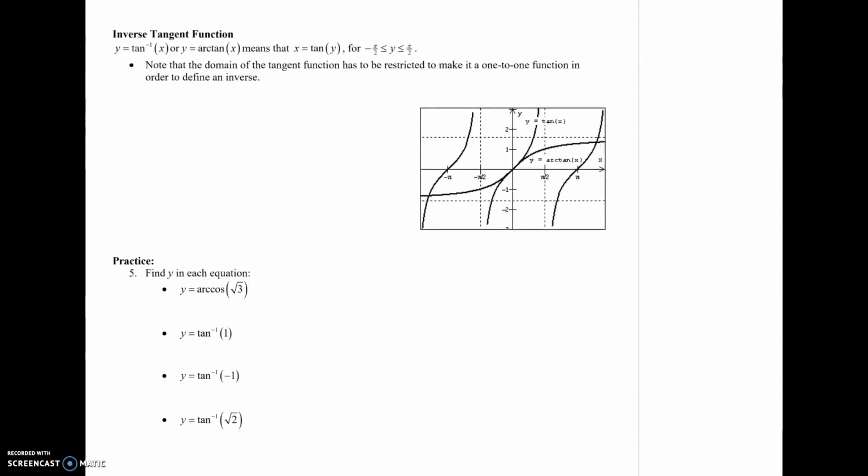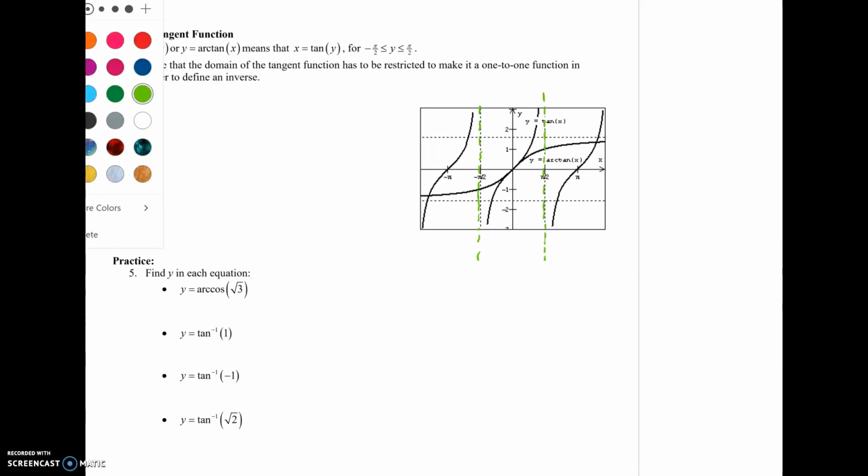Let's focus now on the tangent. So on the tangent, what do we have? First of all, we have vertical asymptotes. Let me draw that, and I don't have a lot of time. So we have a vertical asymptote right here. These are vertical asymptotes in green.